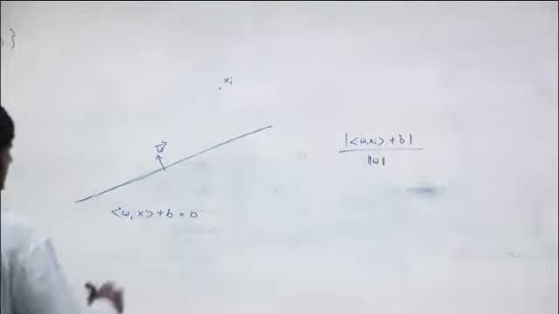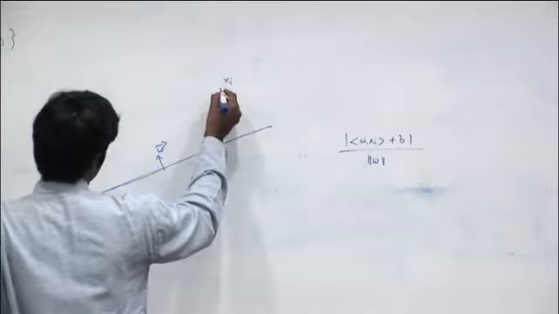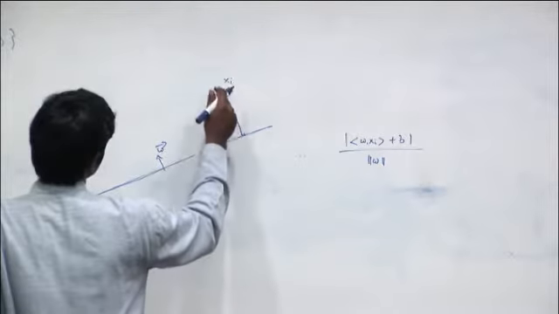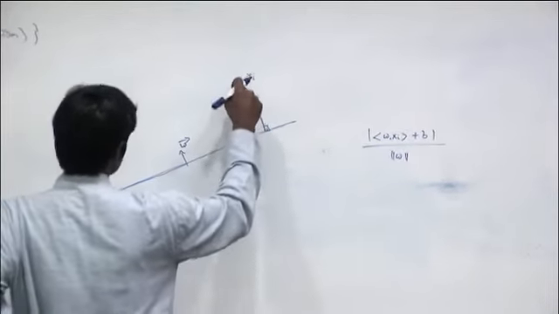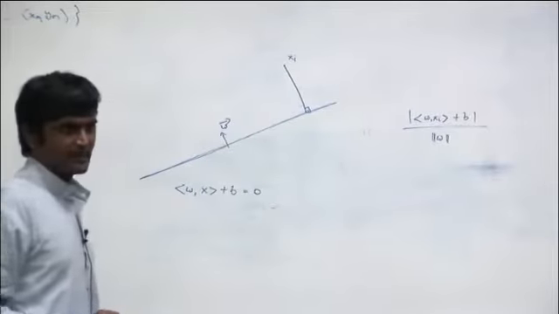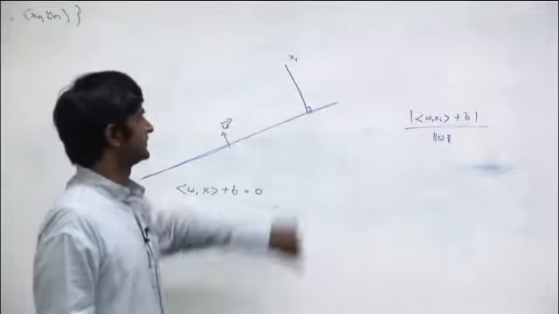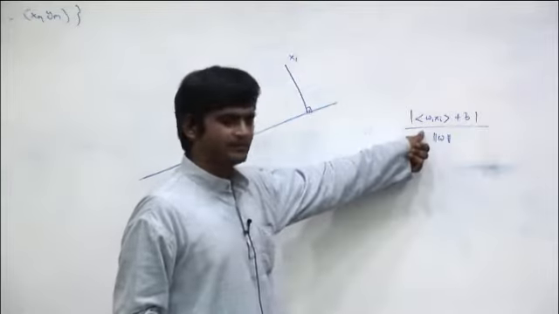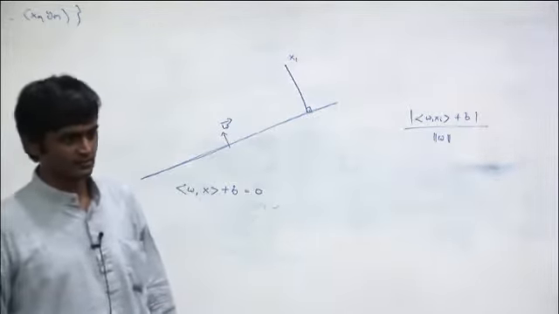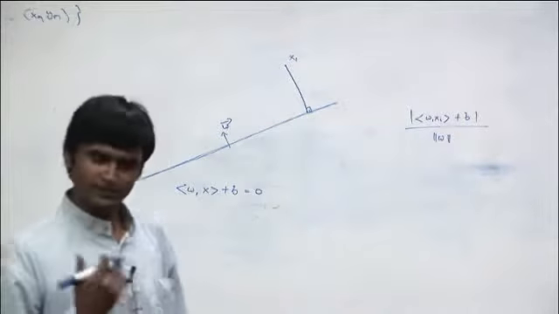The shortest, perpendicular distance between xi and this hyperplane has a length which is given by this. It's a purely geometric argument.